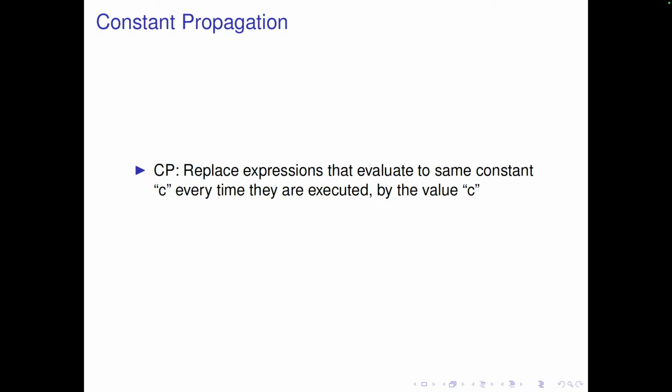CP is the problem of replacing expressions that will evaluate to some constant value C every time they are executed. Note that this is very important. Whether you execute this program during day or night, in Kanpur or in Chennai, once or 1000 times, this expression is going to evaluate to value C.